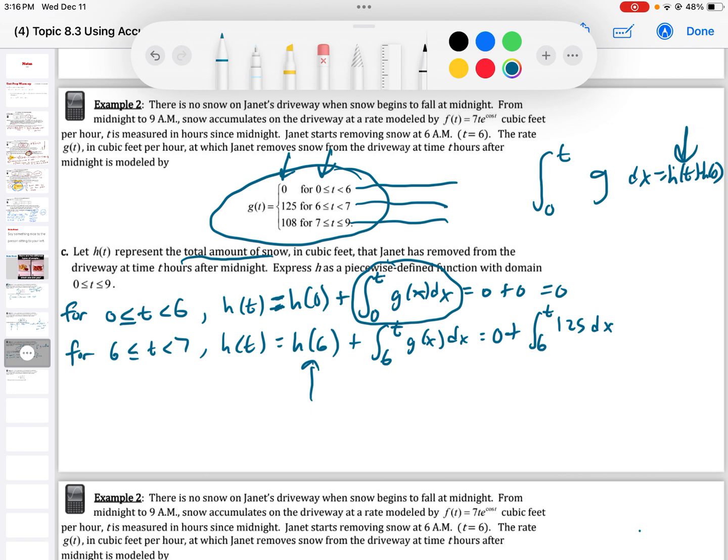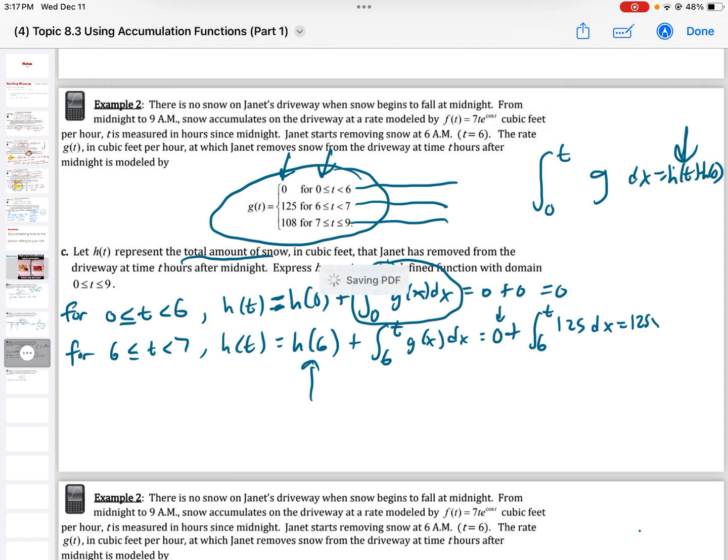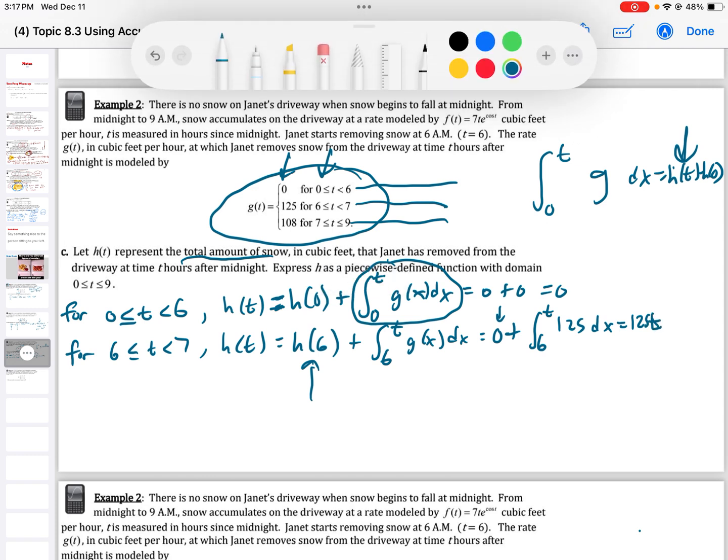dx. So this would be probably your fundamental theorem of calculus, right? The antiderivative of 125 is 125x. Let's say 125t, from 6 to t. Oh, that's why. Okay, x. I'm so bad at this. X here is your dummy variable. I integrate with respect to x. Now plug in your t.